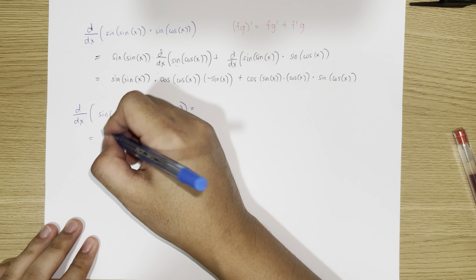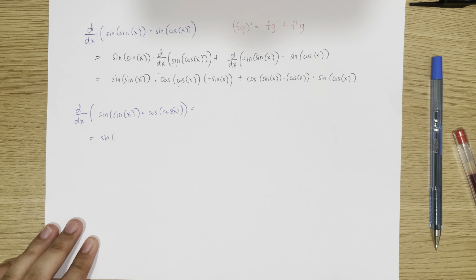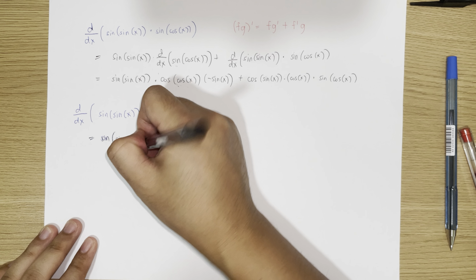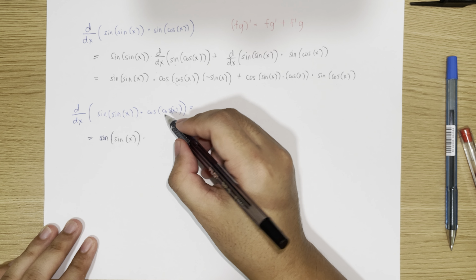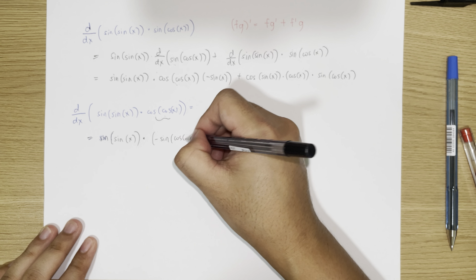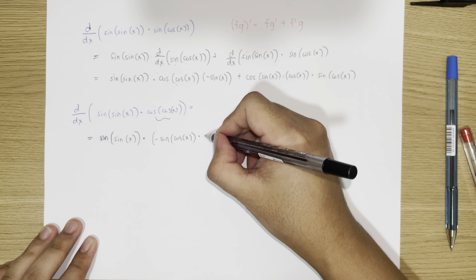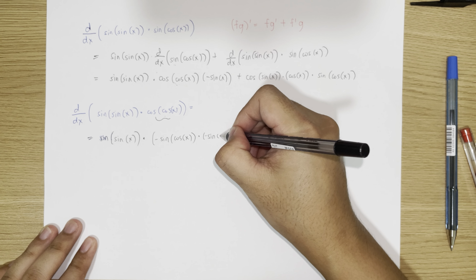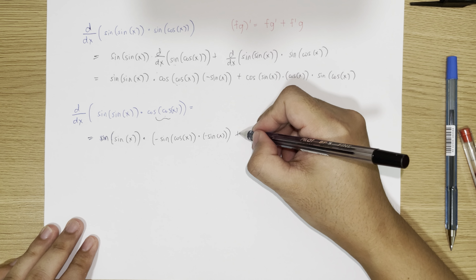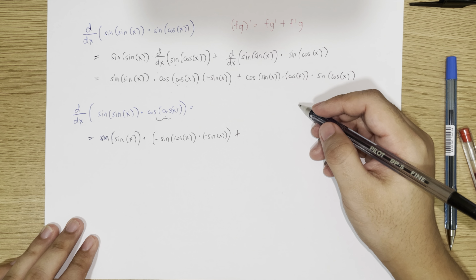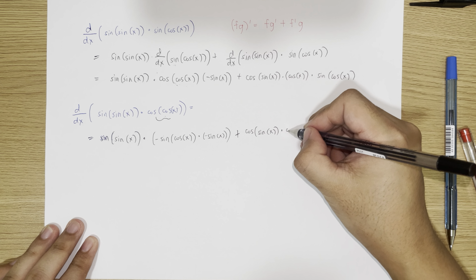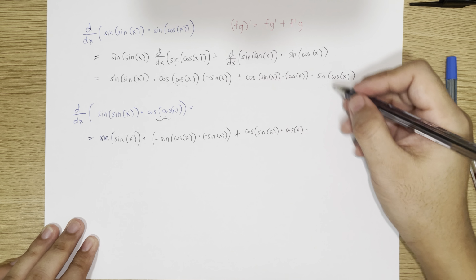Again using the product rule, sine of x times the derivative of this one, which is negative of sine of cosine of x times the derivative of cosine, which is negative sine of x, plus the derivative of the first term, sine, so that's cosine of x, times the derivative of the inside, cosine of x, times the second term.